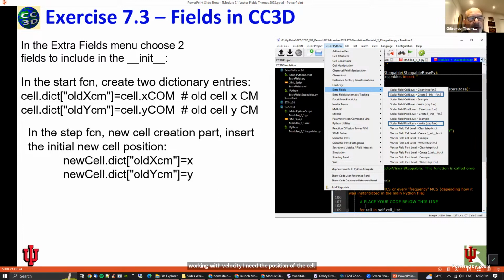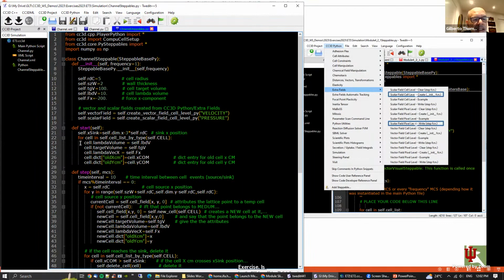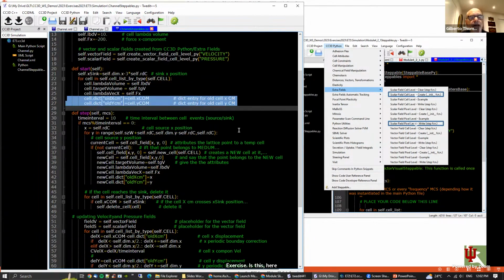So I have to create new entries in the dictionary, as I did in the previous exercise. This is here.